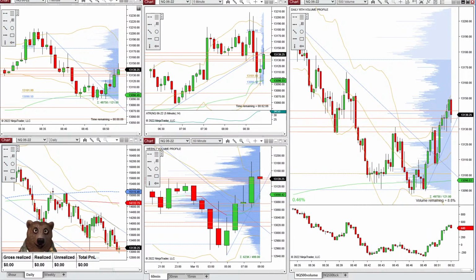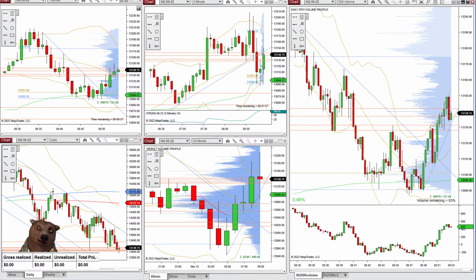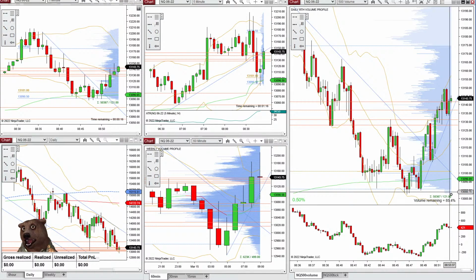Just watching this thing here. Looks like it may want to come back up to value area high. Well, I think I've been watching this thing too long.